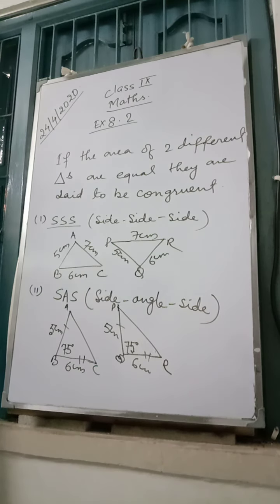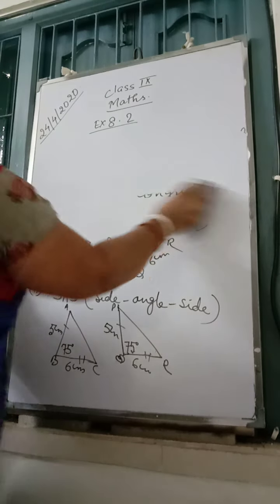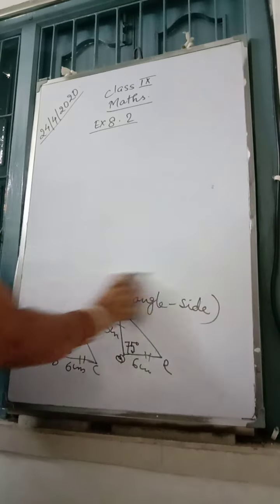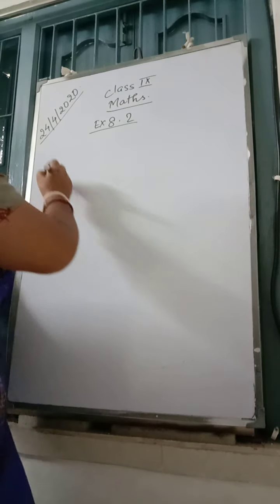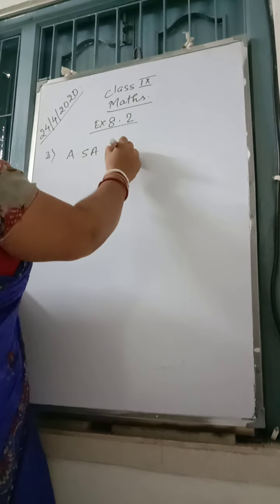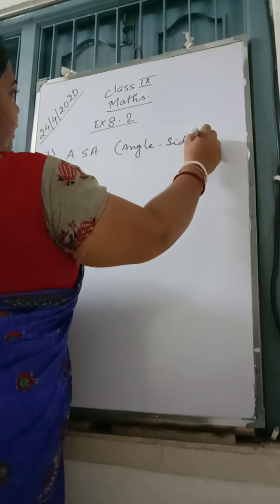Third condition we have ASA. Two angles and the included side. ASA: angle, side, angle.